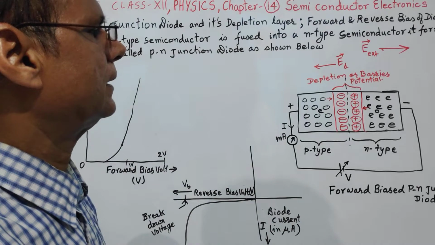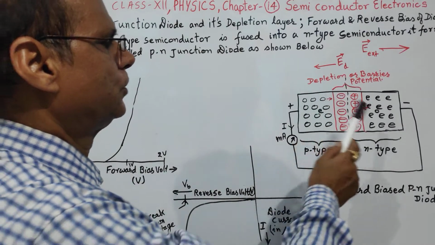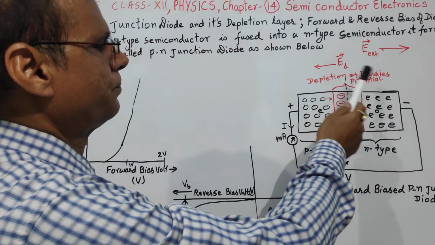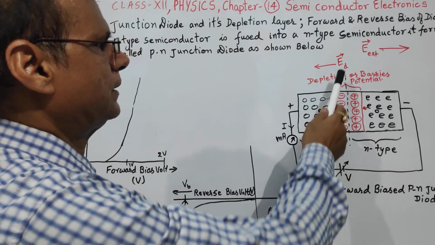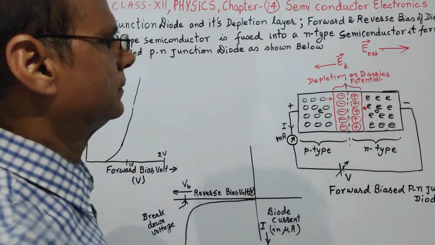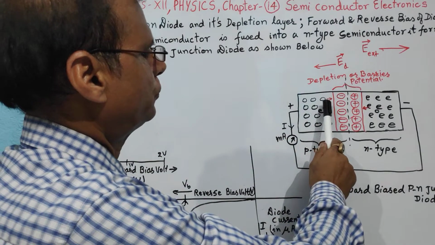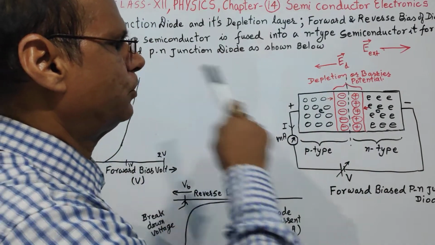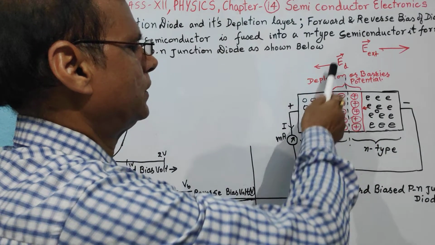This creates an electric field, and it opposes the further flow of electrons due to diffusion, because you see this electric field due to the layers of positive and negative charges is directed from right to left. So that means the holes which tend to jump into n-type semiconductor are opposed, and also the electrons which tend to jump into p-type semiconductor are opposed due to this depletion layer.